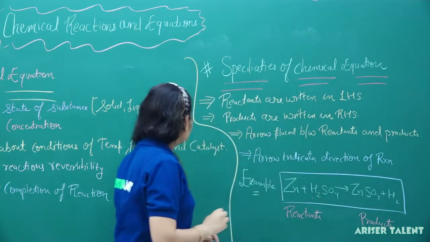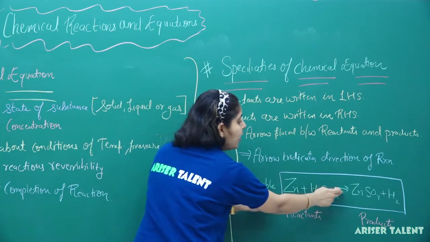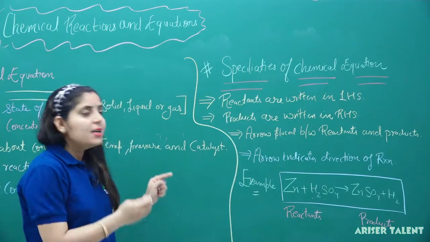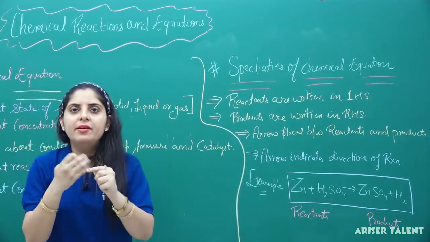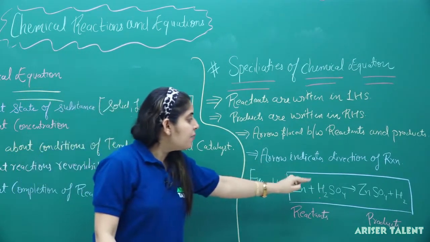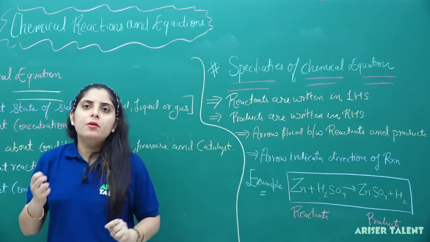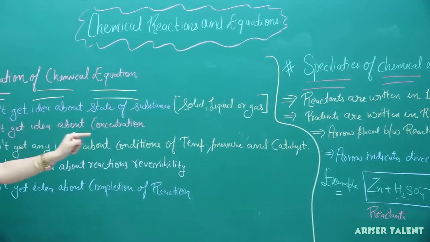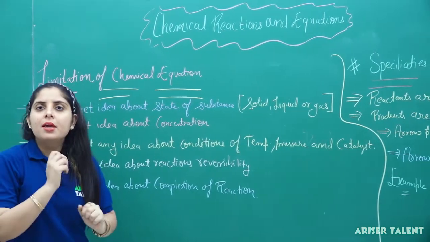So these are the products, and this arrowhead is indicating the direction of the reaction, that is zinc and sulfuric acid after reaction will give us zinc sulfate, and hydrogen gas is evolved in this case. So these are some of the limitations and these are some of the specialties of the chemical reaction.